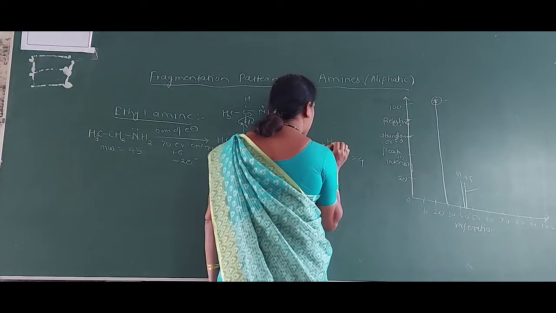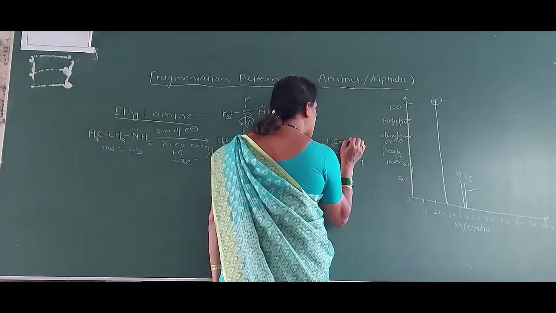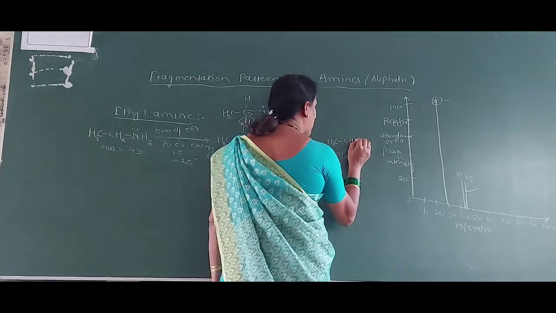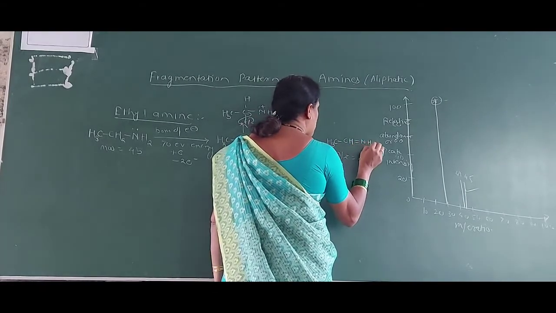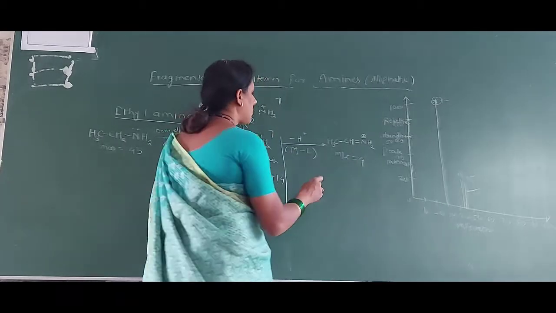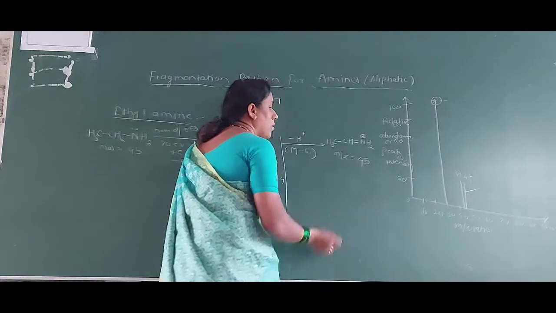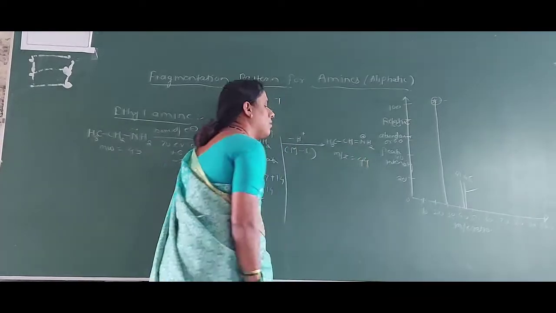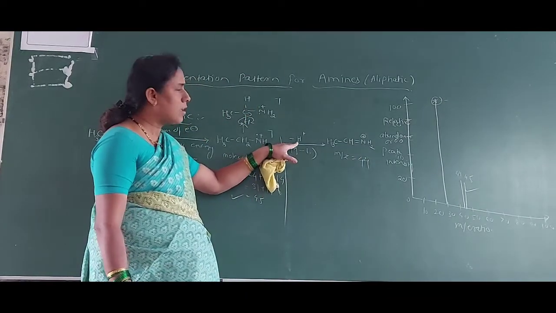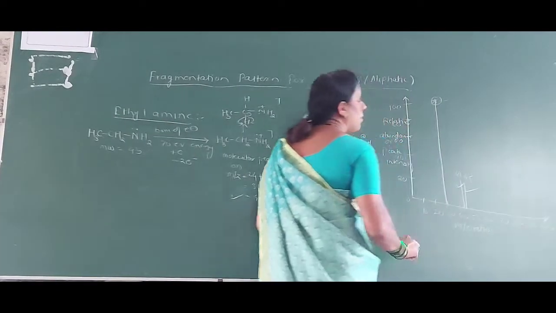So I am writing this, that is CH3 single bond CH, double bond NH2. The positive charge gets here. Therefore as far as mass to charge ratio is considered, that is equal to 44 by the removal of one proton. Therefore this peak we are also getting.